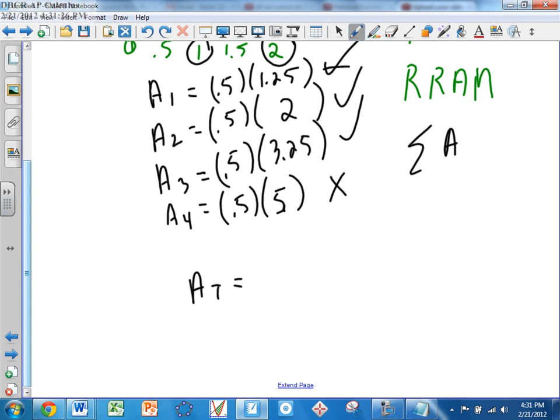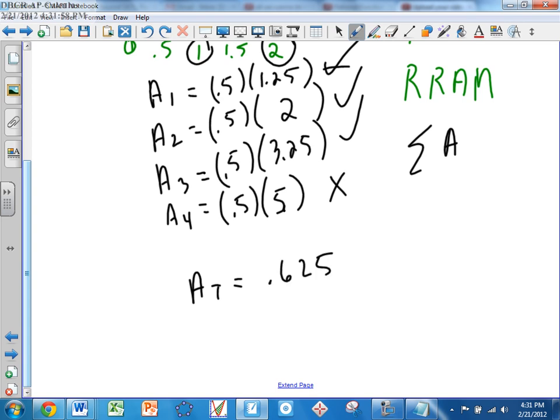So here, the total area is going to be half of 1.25. That's 0.625.